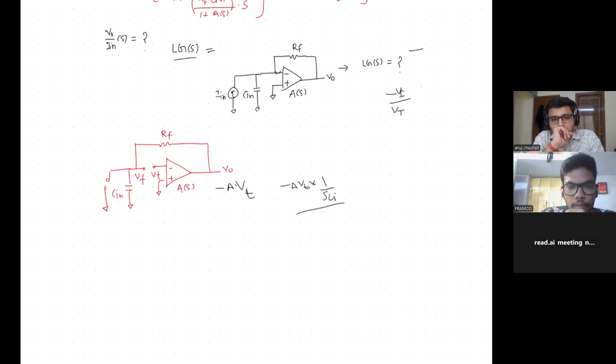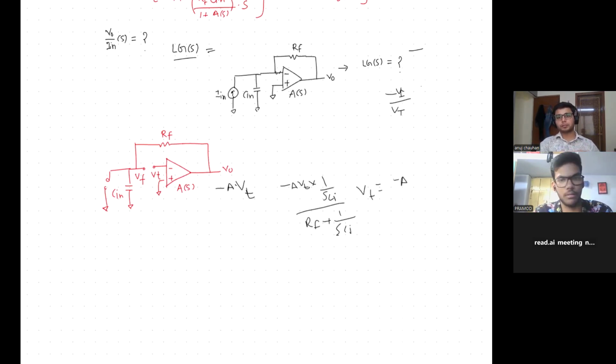So what is the expression? VF equals minus A V T by 1 plus RF into S C in.